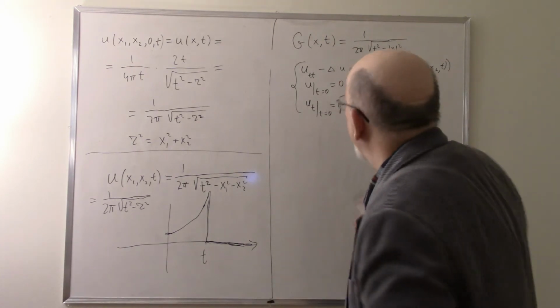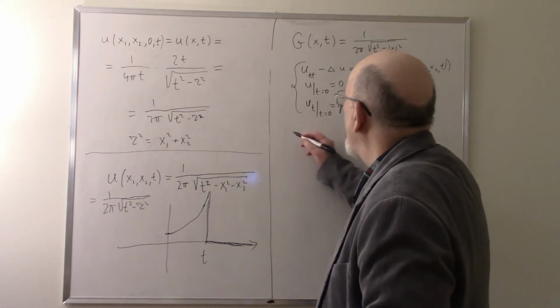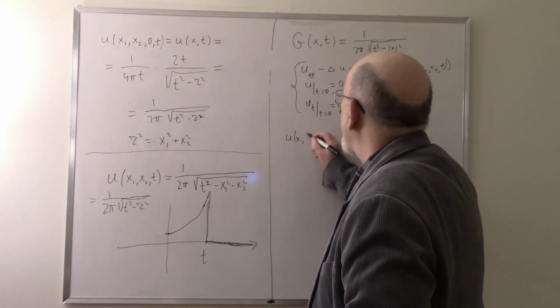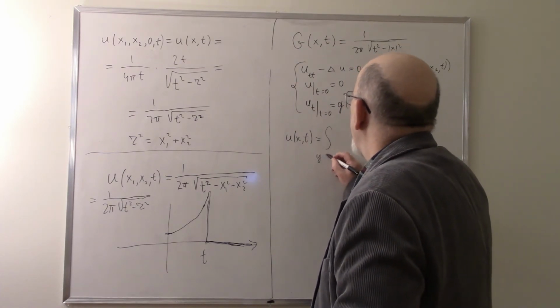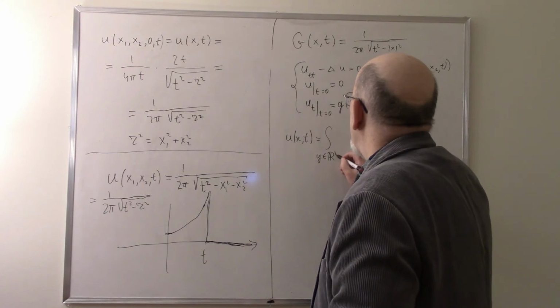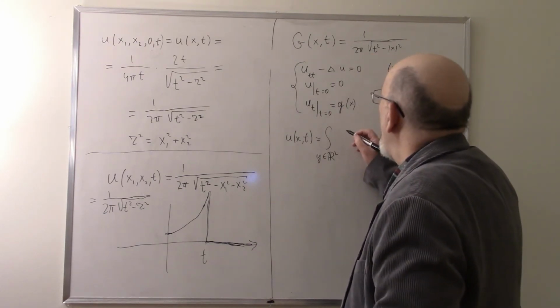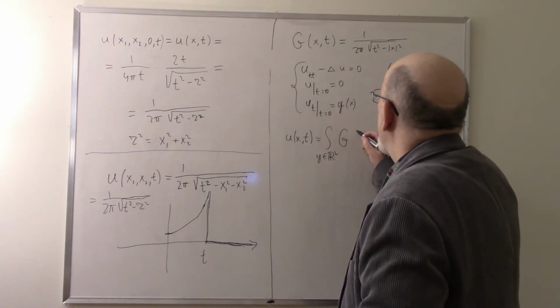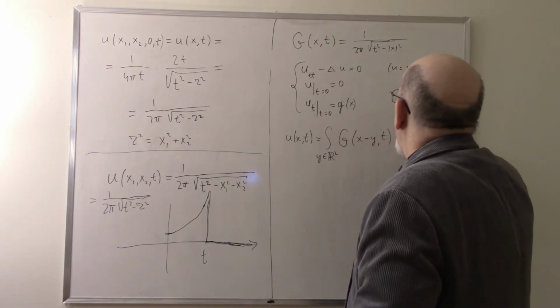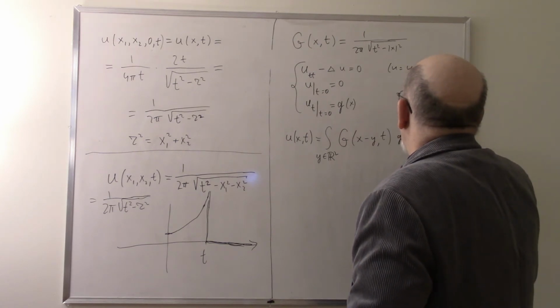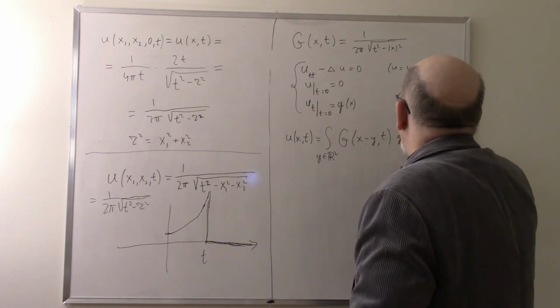Yes? Then we have u of x, t equals the integral over y in R2 of g of x minus y, t, g small of y dy.